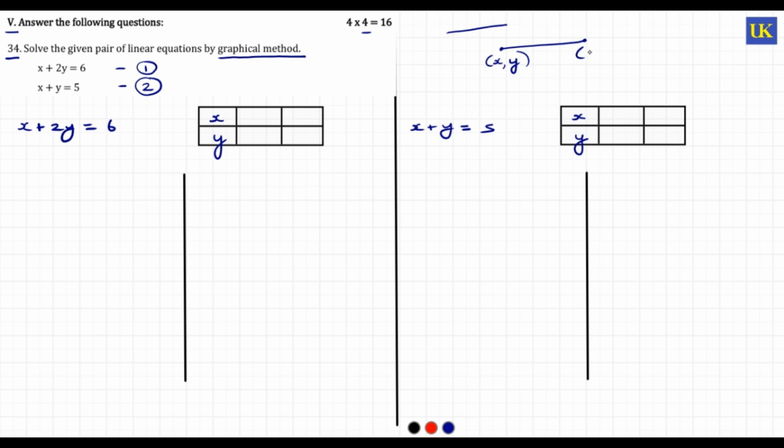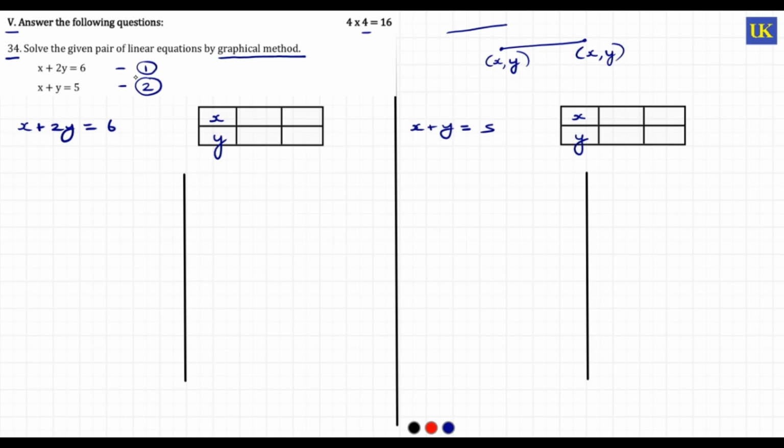Similarly, coordinate 2 will have coordinate x and coordinate y. We need 2 points to draw a line.